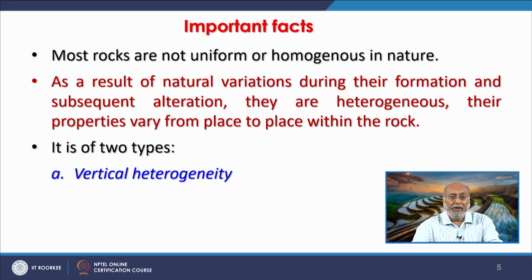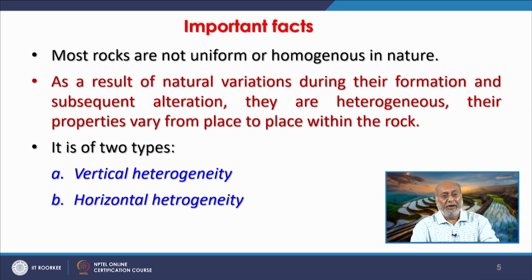Now, there are two types. One type of heterogeneity is vertical heterogeneity, and another one is of course horizontal heterogeneity. These two exist all the time in all types of rocks.